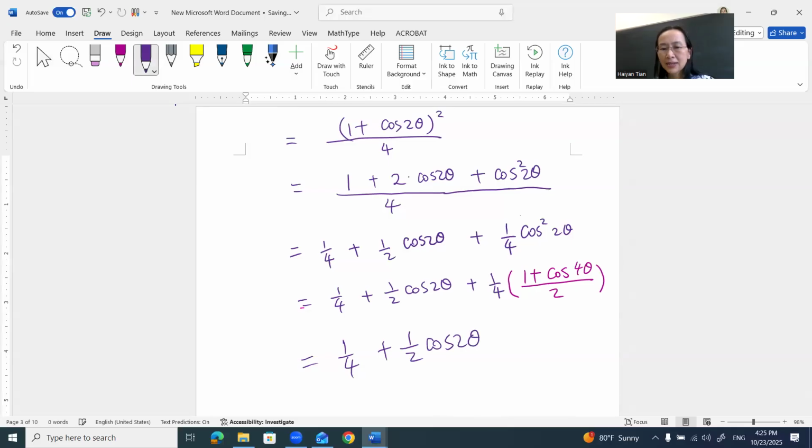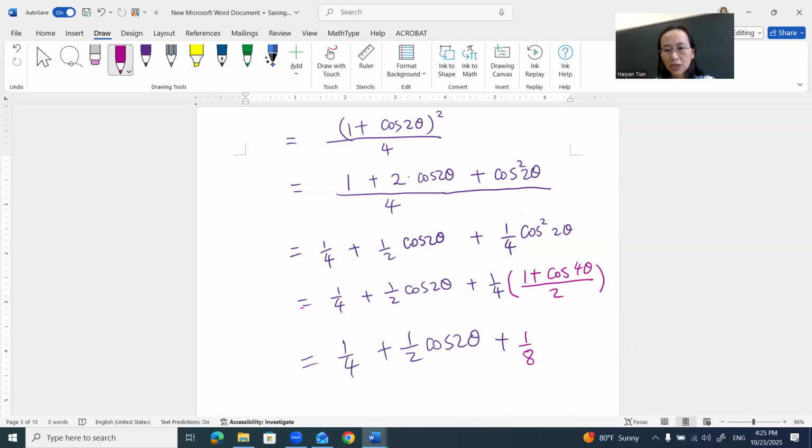And then notice that 1/2 times 1/4 is actually 1/8, right? Because you multiply the denominators, it's 1/8. 1/8 times this is essentially the same as 1 plus cosine 4 theta. So 1/8 times that.